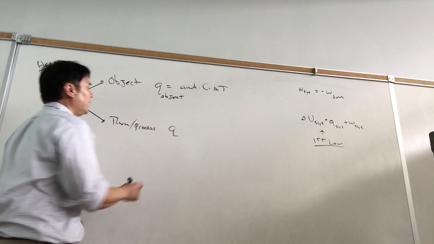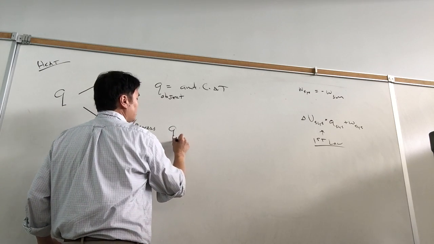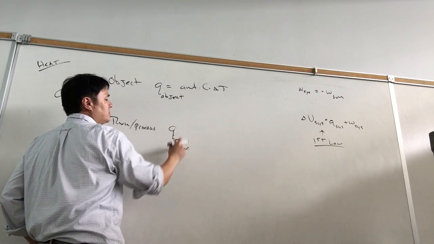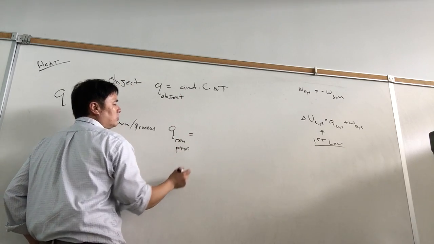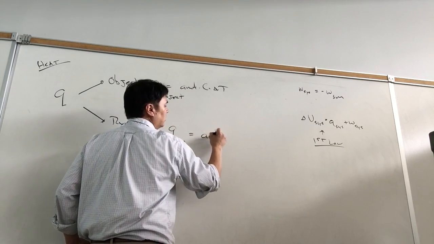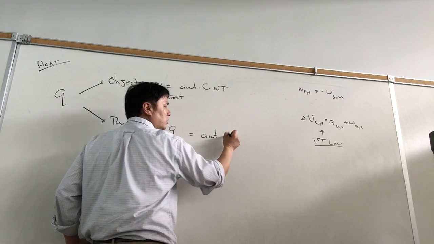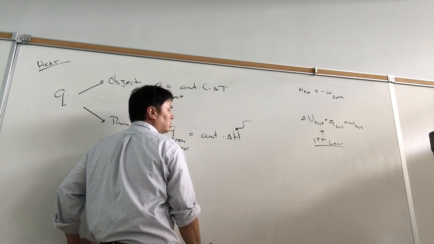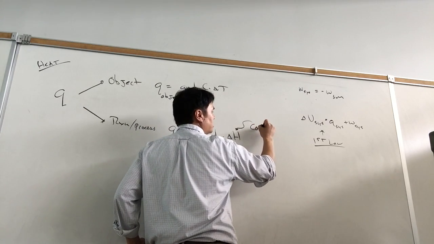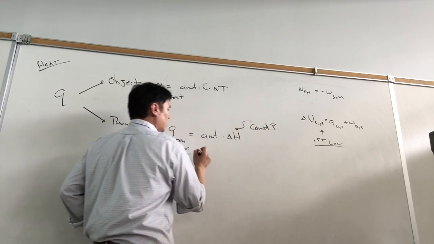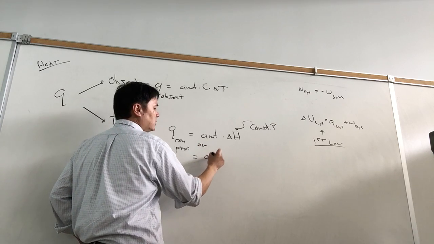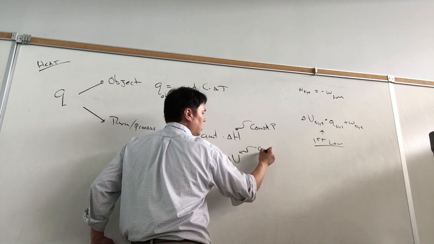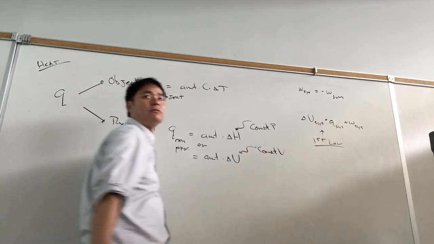And so the way we do that is Q of the reaction or process is not equal to amount times C times delta T. This is equal to the amount times, I'm jumping ahead here, the amount times delta H. We'll talk about delta H later. But delta H is when we do constant pressure. Or it's equal to the amount times delta U. Delta U is when we do constant volume.